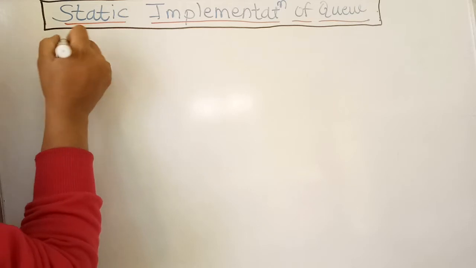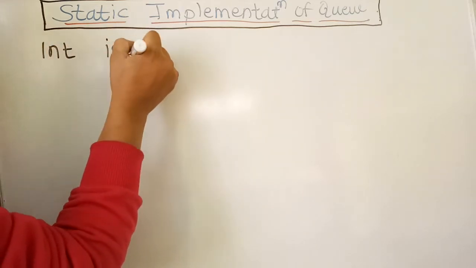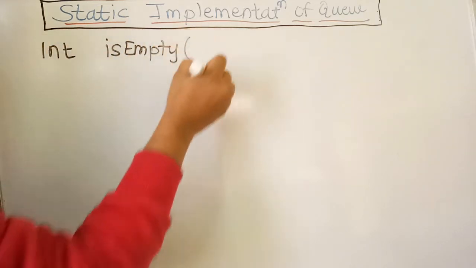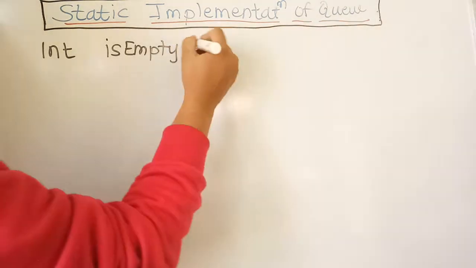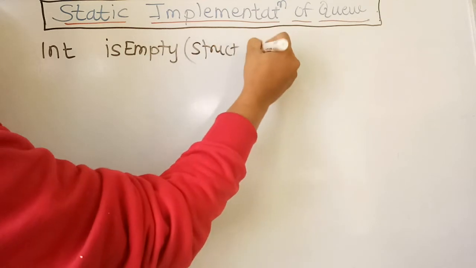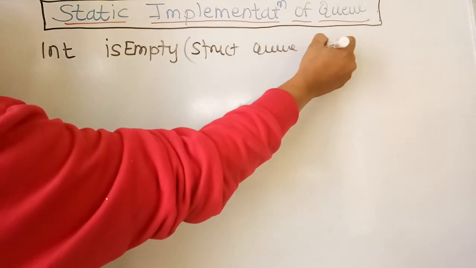For that we will write integer type is empty, and for this case also we will take a variable of the queue, that is the struct queue type star queue.